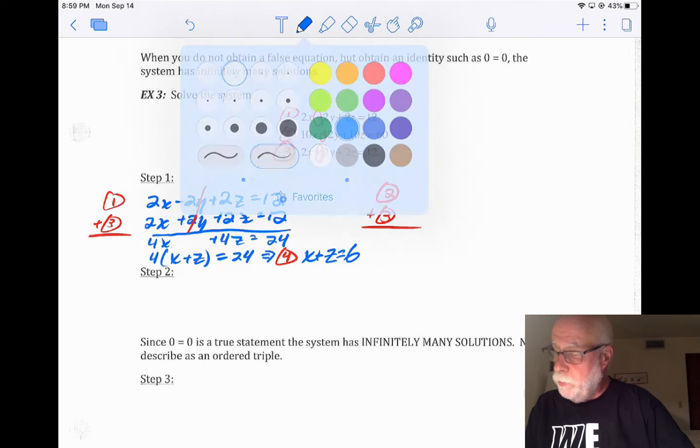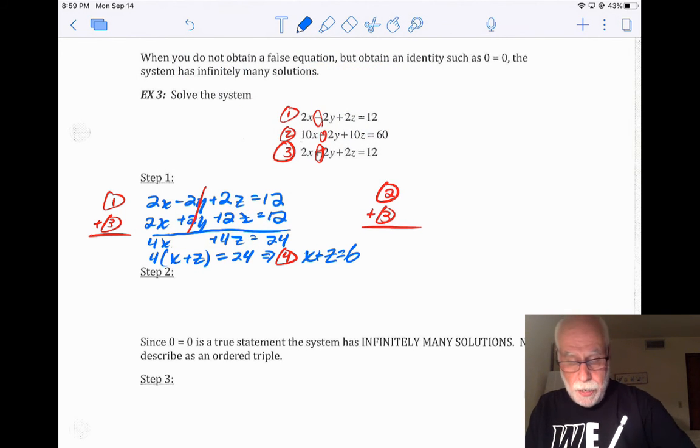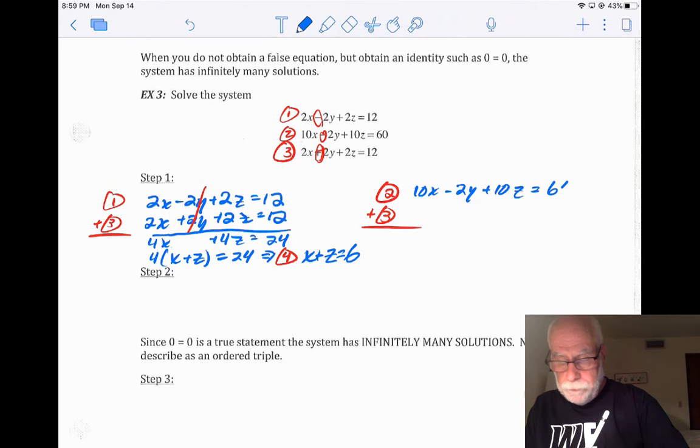When I do 2 plus 3, I'm going to have 10x minus 2y plus 10z is equal to 60. I'll have 2x plus 2y plus 2z is equal to 12.